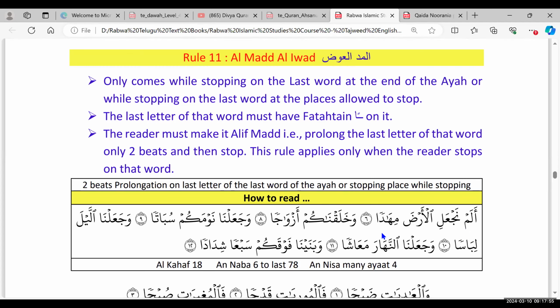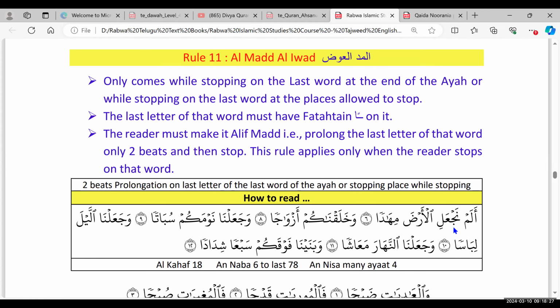Okay, let us see an example. Alam naj'alil arda mihada. But what you see in the print is mihadan. So when you are stopping here, it is mihada. If you don't want to stop and continue reading, there is a tanween nun sakin rule that will come after the Ramzan holidays, inshallah. Whenever you find fathatain on the last letter of the ayah where you are going to stop, make it alif mad, prolong it to 2 units and stop.